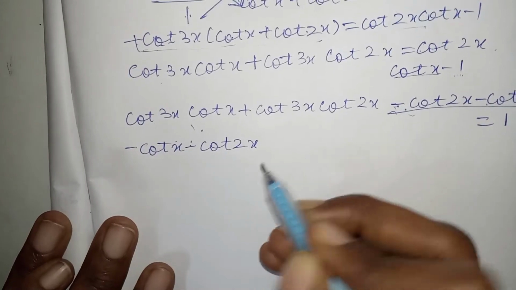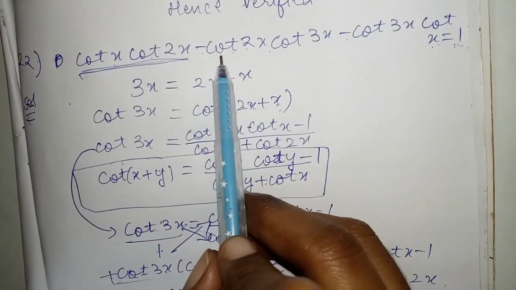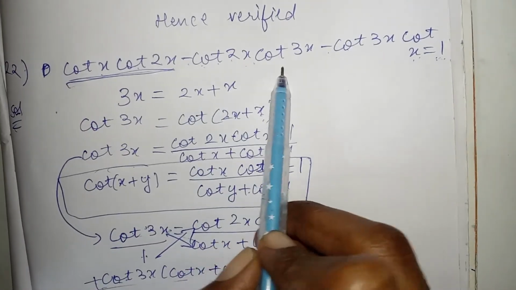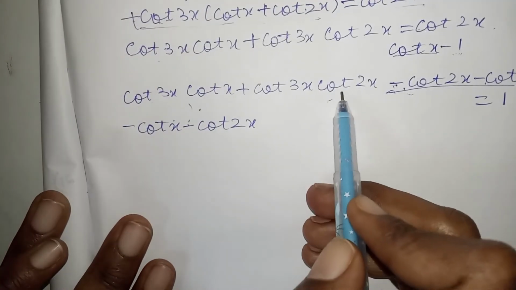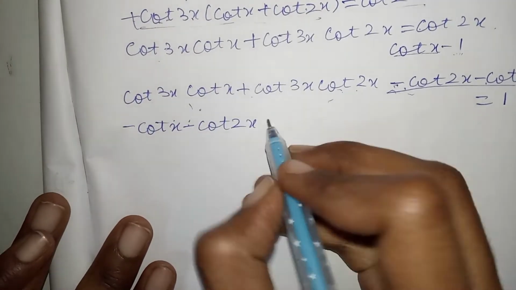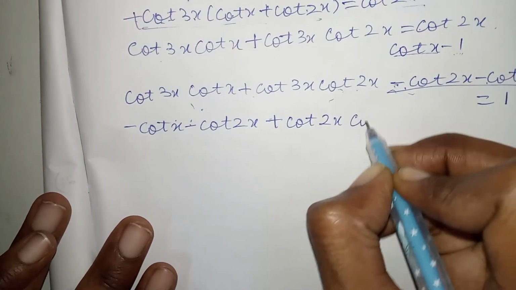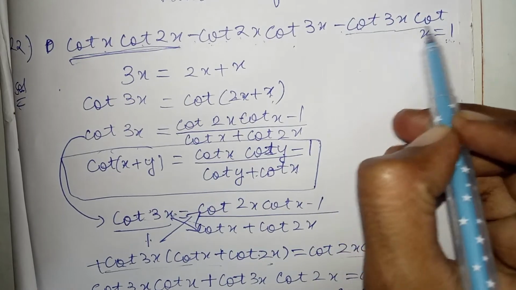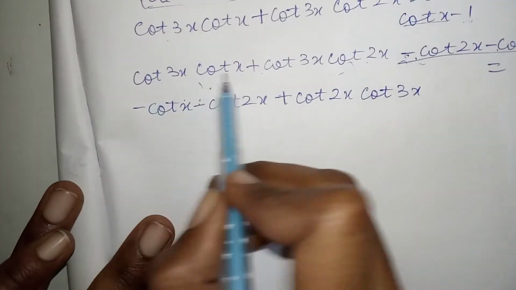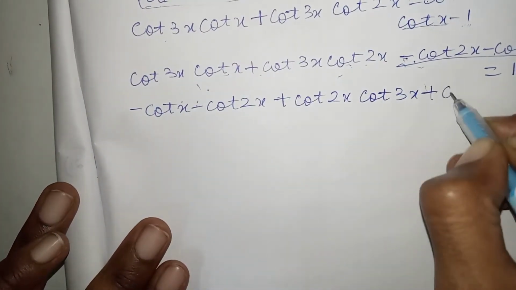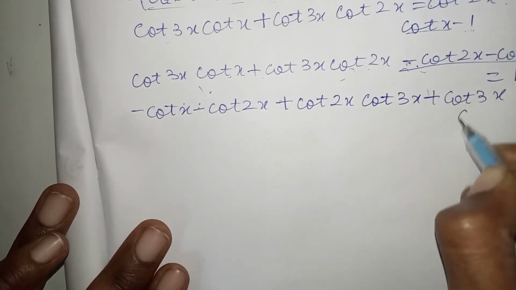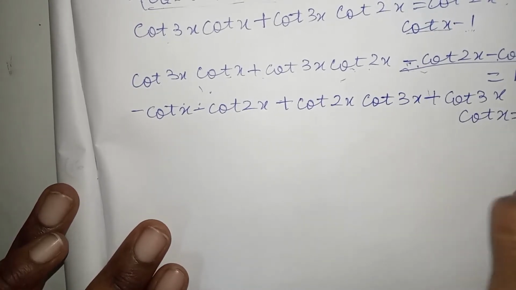Then the next terms are what? Cot 2x and cot 3x. So we already have cot 2x and cot 3x, as it is. And next what they have asked, cot 3x and cot x. So cot 3x and cot x is equal to 1.